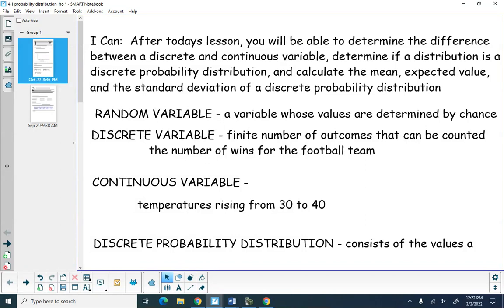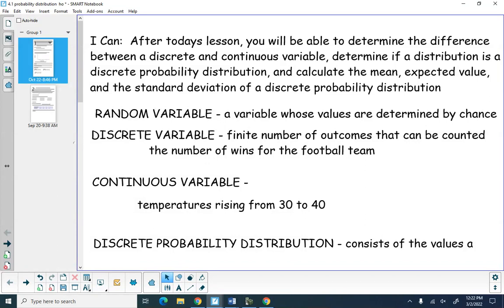The number of people that are in this class. The number of people that eat lunch. There's a finite number of people. The number of wins for the football team this past year. There was a finite number. The number of wins of the basketball teams. Finite numbers. Those are discrete variables.